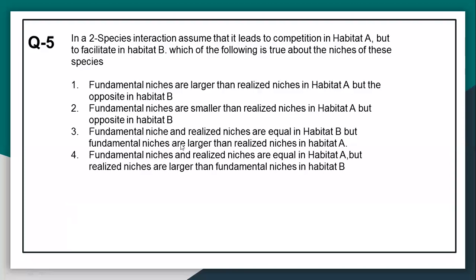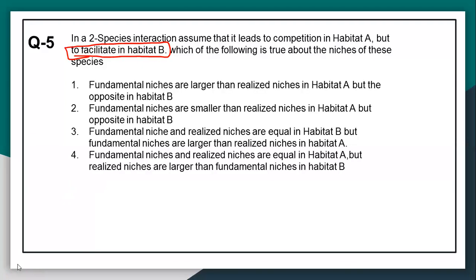Now the major thing to look at in the question is that here there is facilitation in habitat B. Here these are the terms. Generally, we can see the definitions of realized niche and fundamental niche in terms of facilitation.